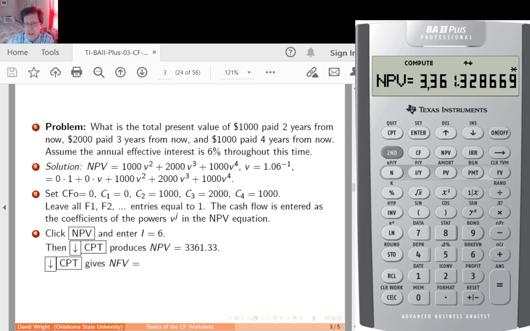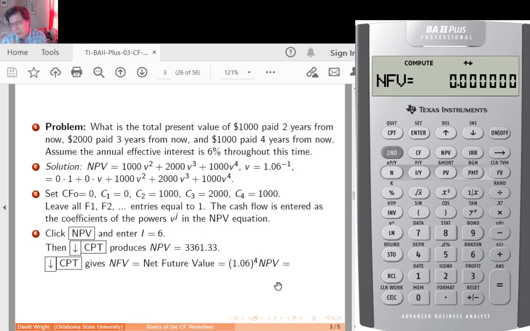Okay. Now there actually is net future value. That you can actually figure out yourself because there's a formula for net future value. Net future value is just the growth factor to the number of years or the number of periods of the cash flow, which in this case is 4 years. So 1.06 to the fourth times net present value.